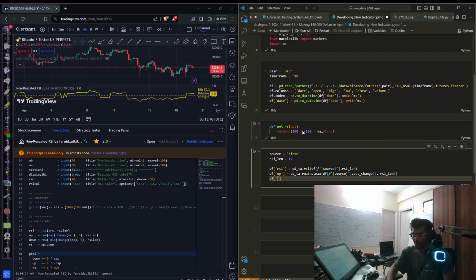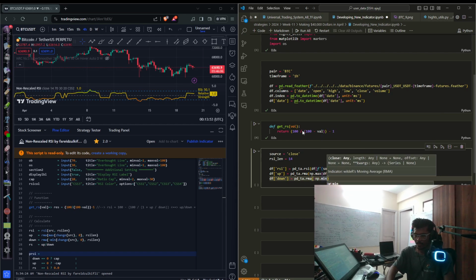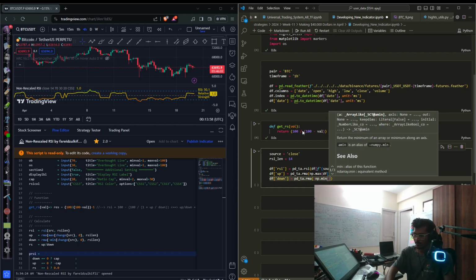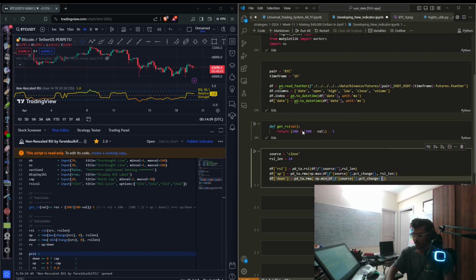On the downside it does the RMA of the negative of the min of the df source percentage change, with the RSI length.